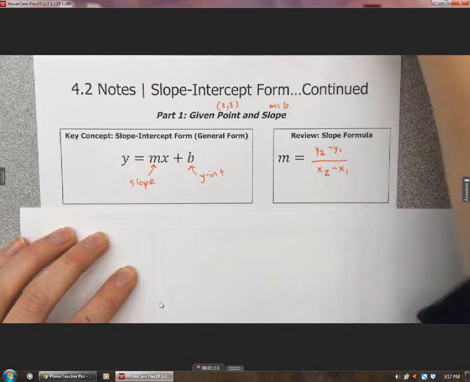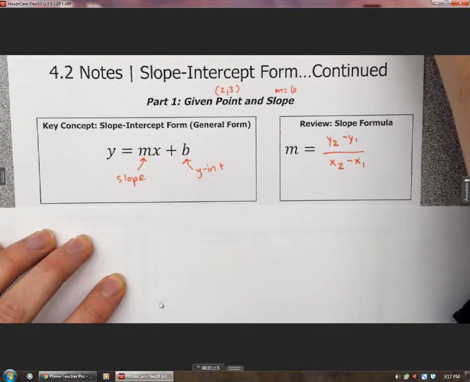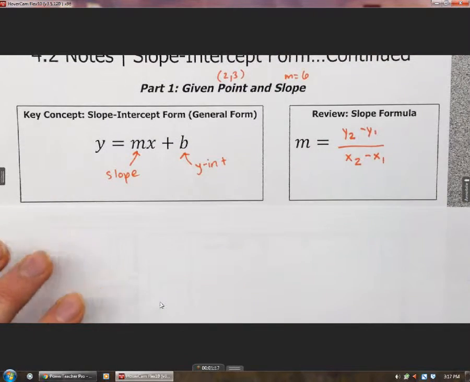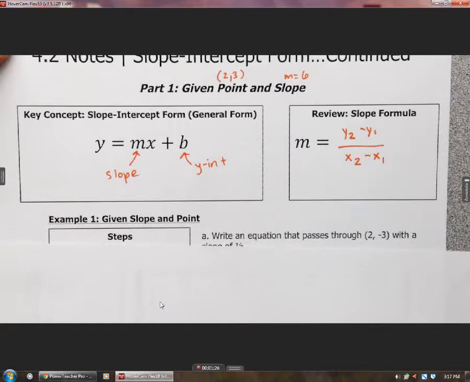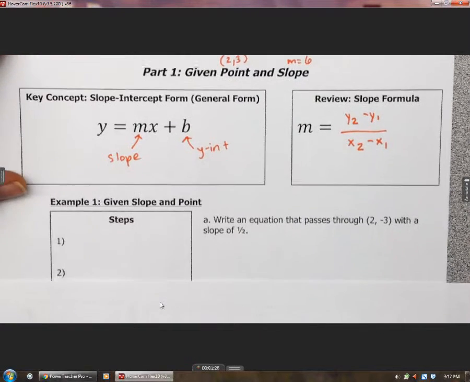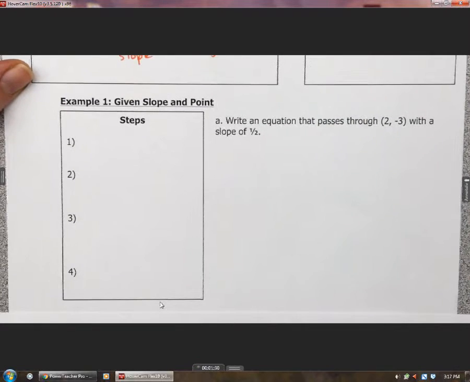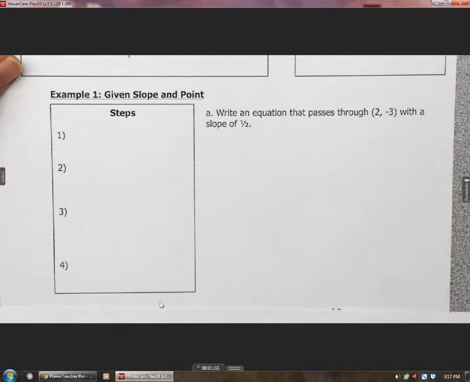That's all review, but it's just right here in your notes so that you've got it. I'm going to do a couple examples here. I have off to the side some steps. Just going to try to make this as clear as I can.